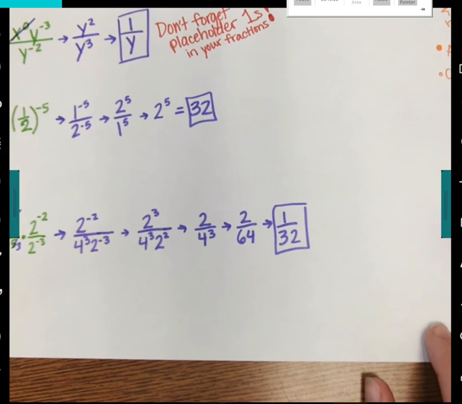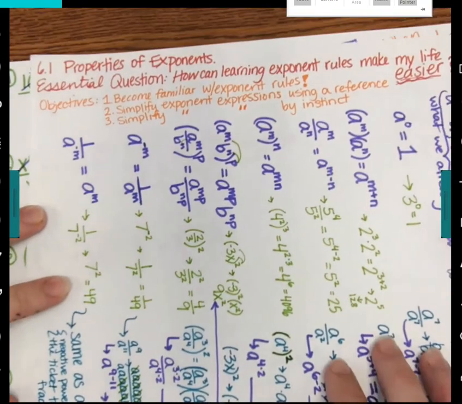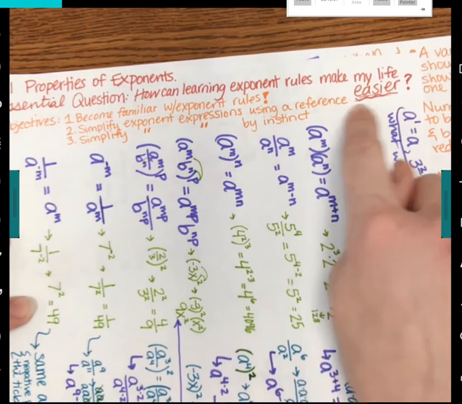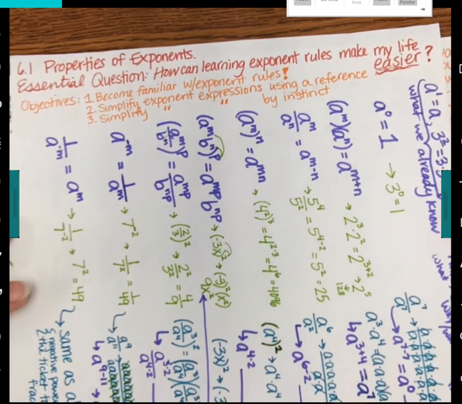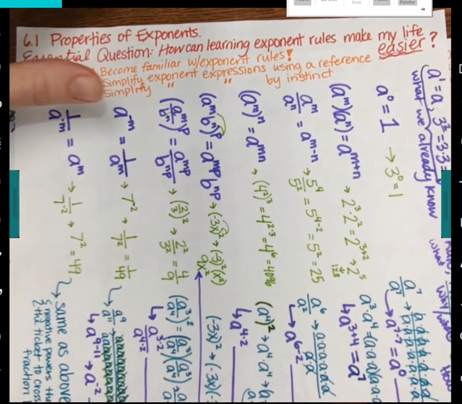Alrighty, y'all. So, I hope you remember these rules. I hope you get used to how these can make your life easier. And the more you use them, the more comfortable you'll become with them, the faster you'll be able to solve these.